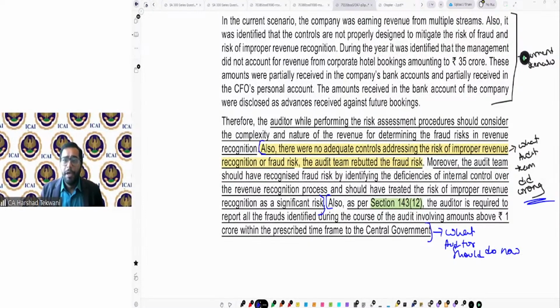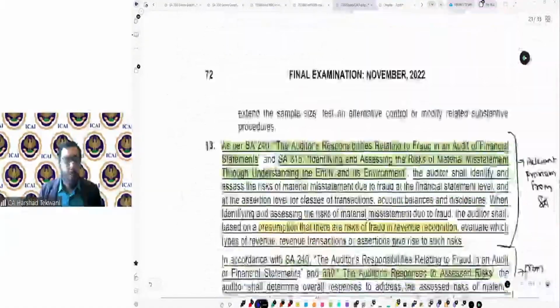Till that time, if you have not gathered and documented the evidence which proves that there is no risk of fraud in revenue recognition, you have to assume that there is a fraud risk. Clear?